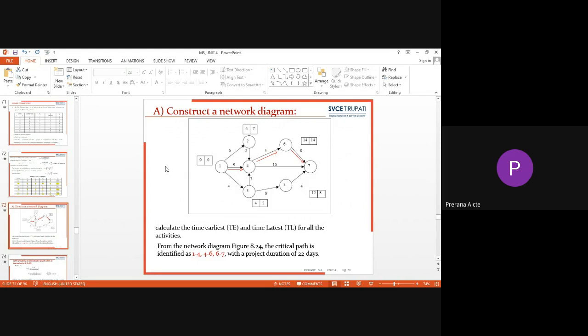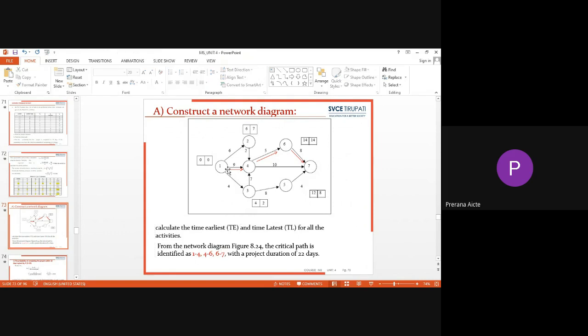Wherever we find the longest path in the complete project network, that path is considered to be the critical path. While evaluating all the different paths, we can come to the conclusion that the path of activities 1 to 4, 4 to 6 and 6 to 7 has the longest duration.